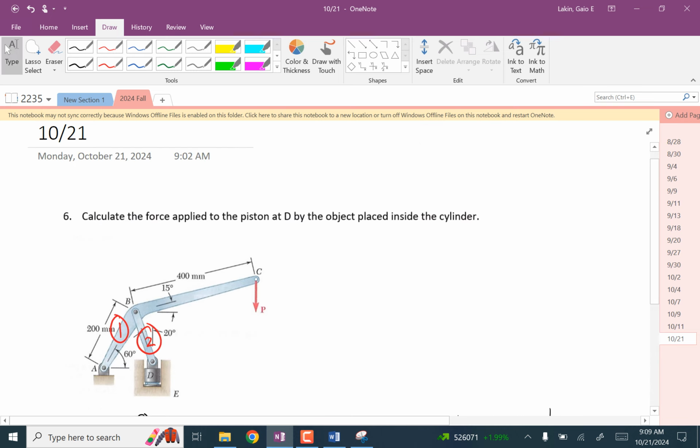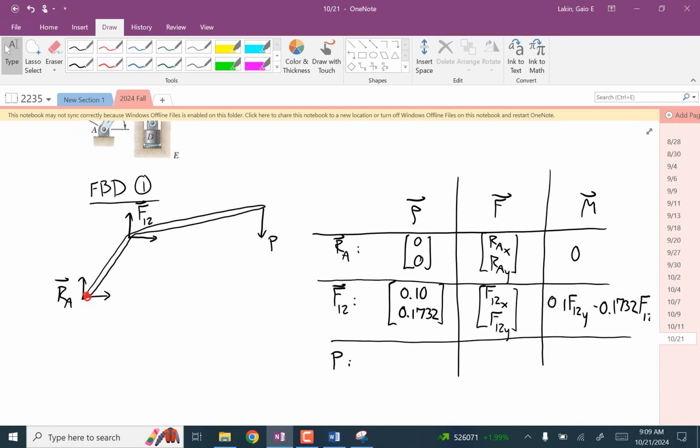Okay, so this is 0.4 times cosine and sine of 15 degrees. And then I'm going to add that to 0.1, 0.1732.